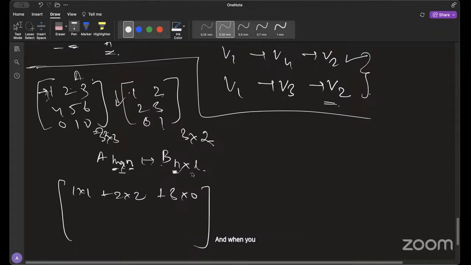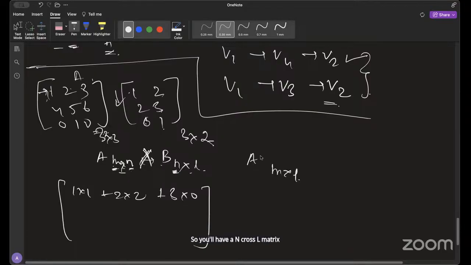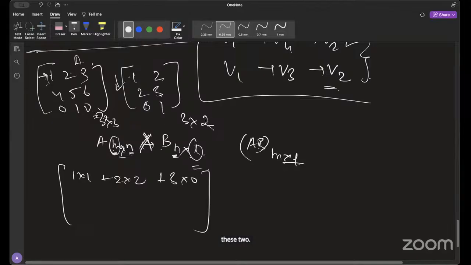When you multiply A of order m cross n and B of order n cross L, the resultant matrix will be m cross L. So this is 3 cross 3, 3 cross 2, and you'll have a 3 cross 2 matrix here.